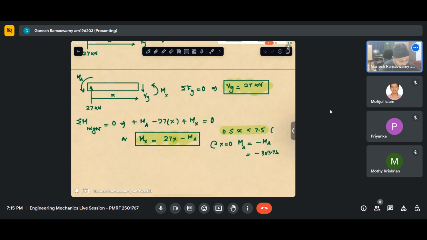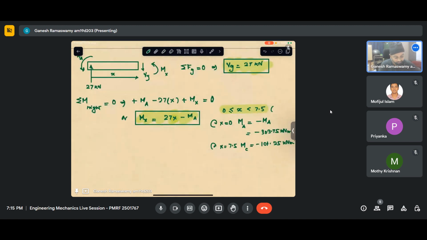At x equal to 7.5, I'll have the moment at C, the middle point, which will be 27 into 7.5 minus 303.75, which is minus 101.25. So I have got the bending moment at these 2 points.